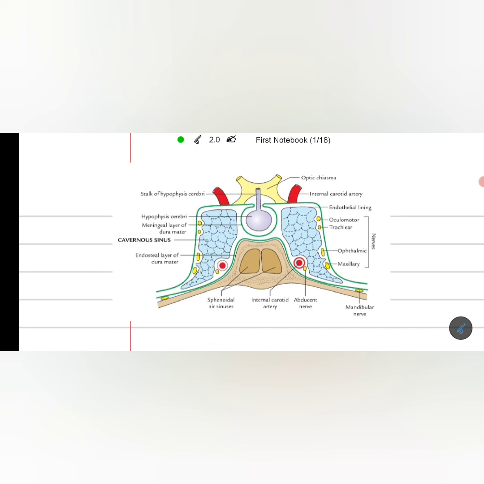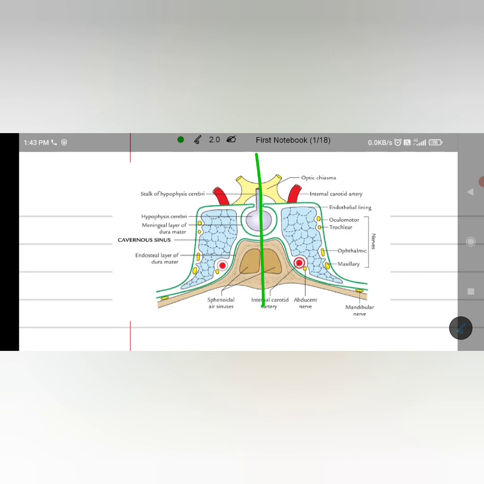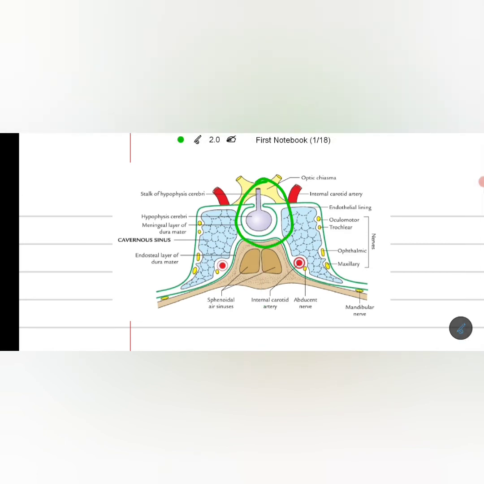This is the midline, and medially what we see is the hypophysis cerebri and sphenoidal air sinuses. This is the stalk of the hypophysis cerebri, this is the hypophysis cerebri, and these are the sphenoidal air sinuses. So medially we have the hypophysis cerebri, and below we have sphenoidal air sinuses.